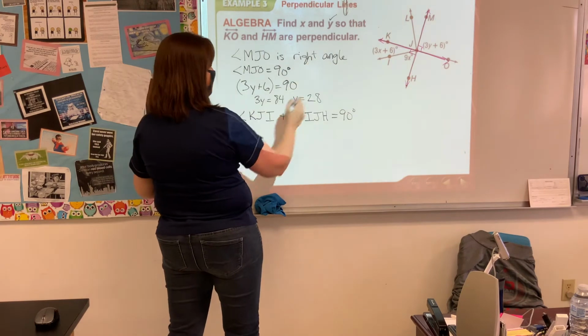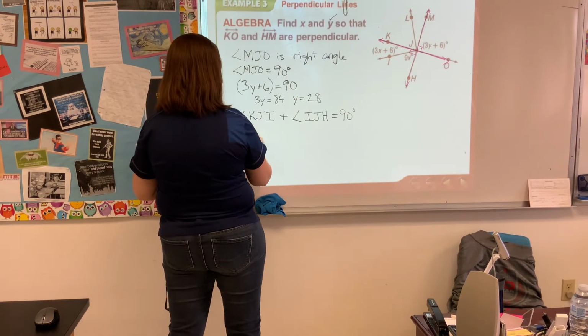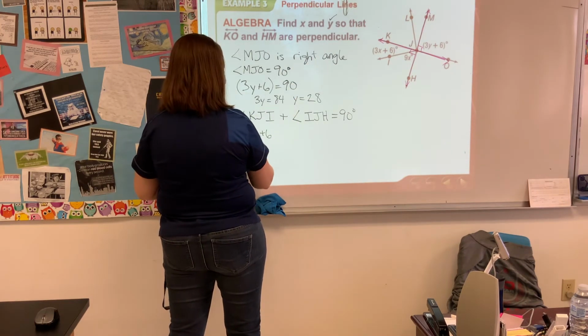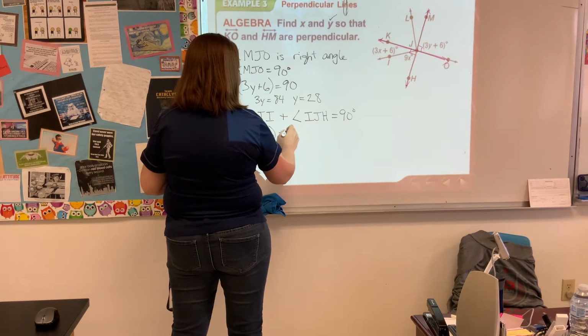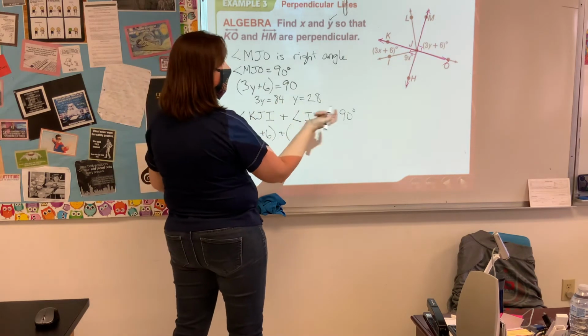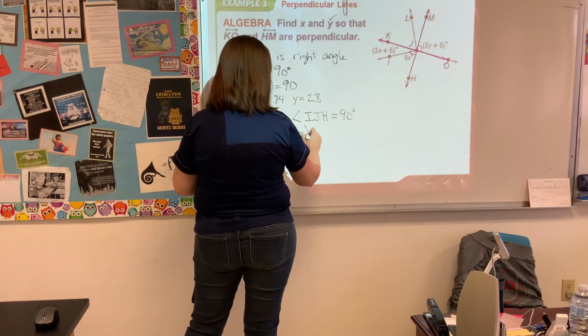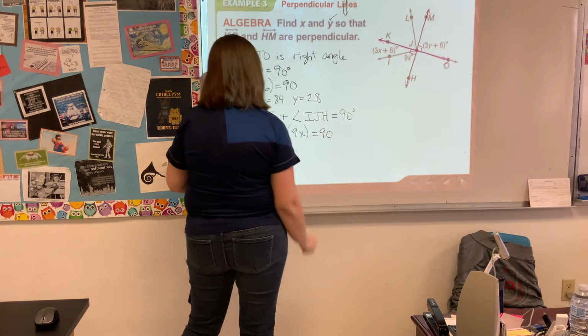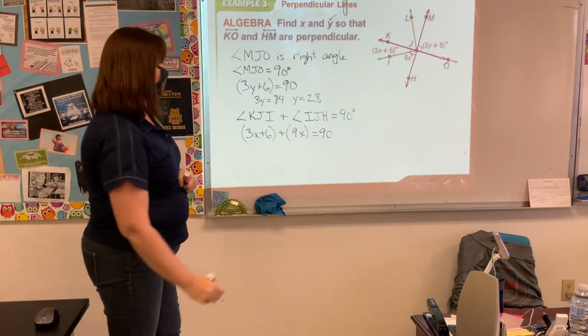We know that KJI is also 3x plus 6, and that IJH is 9x. So now we can simply solve for x.